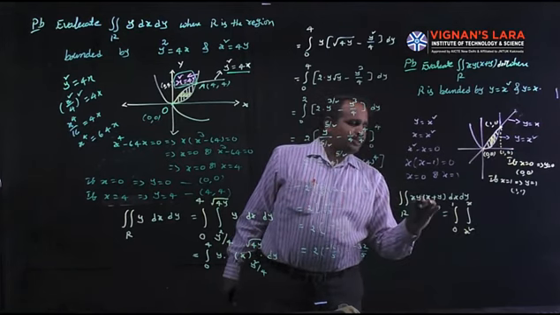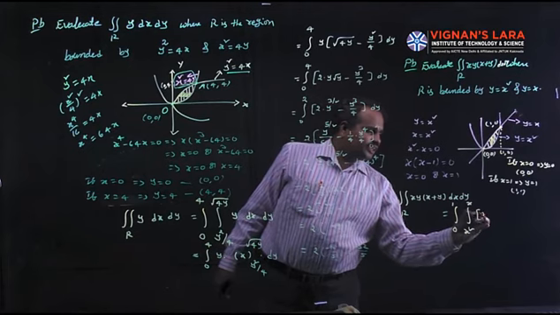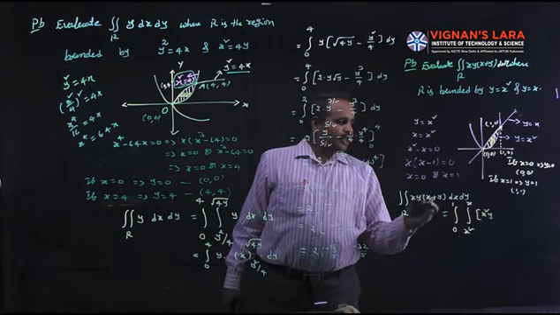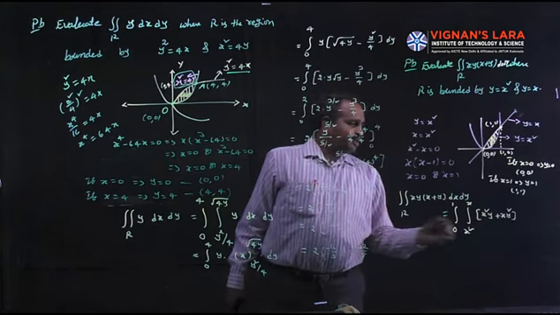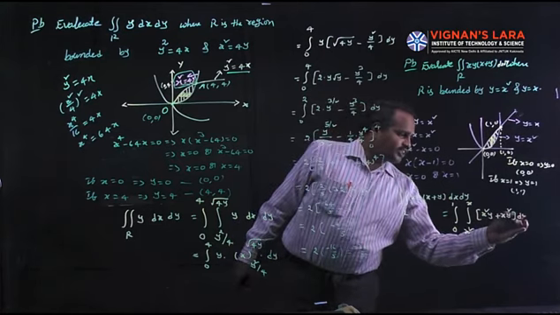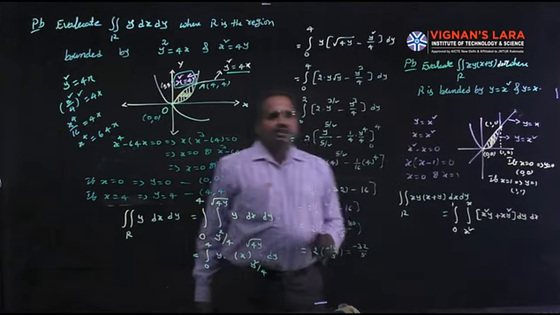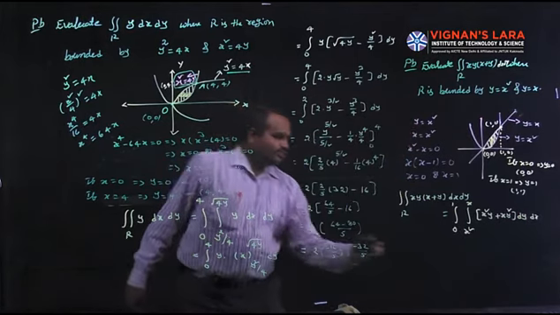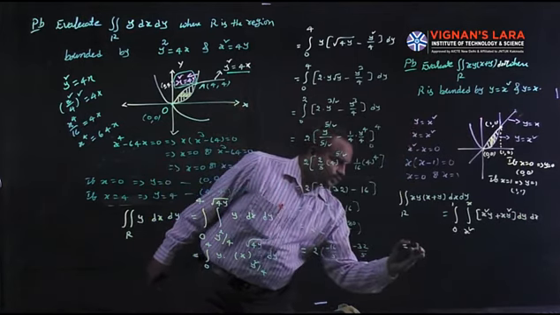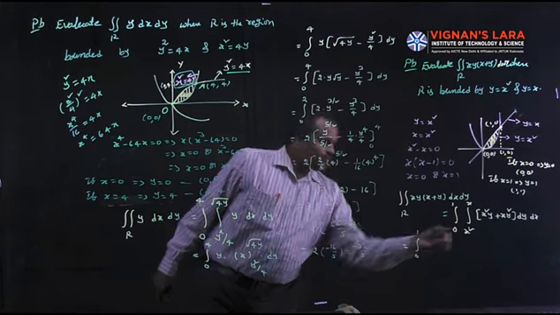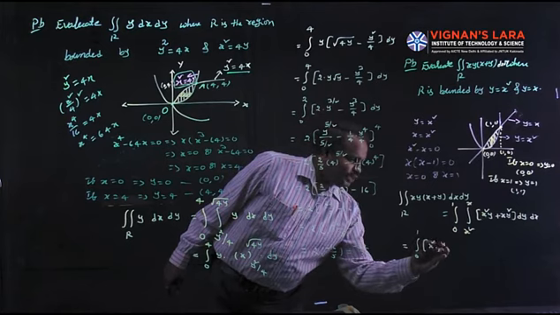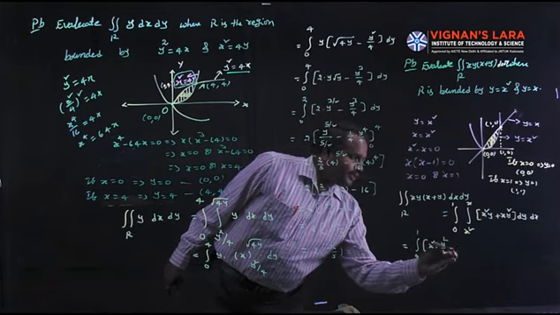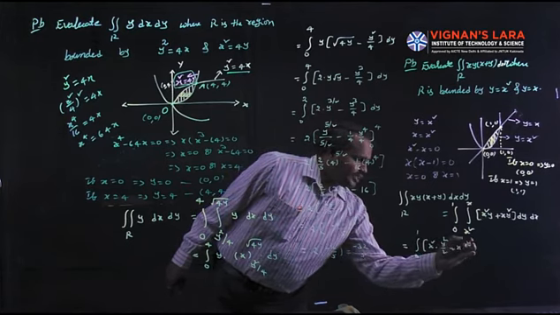Multiply inside: xy times x is x²y, plus xy times y is xy². These are the limits of y. First make integration with respect to y, next with respect to x, from 0 to 1. With respect to y, x is treated as constant: x² times y²/2 plus x times y³/3.